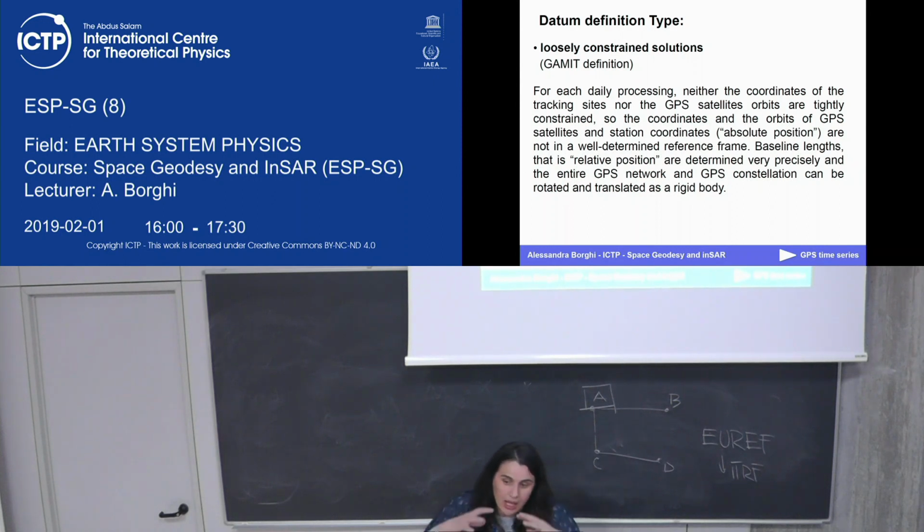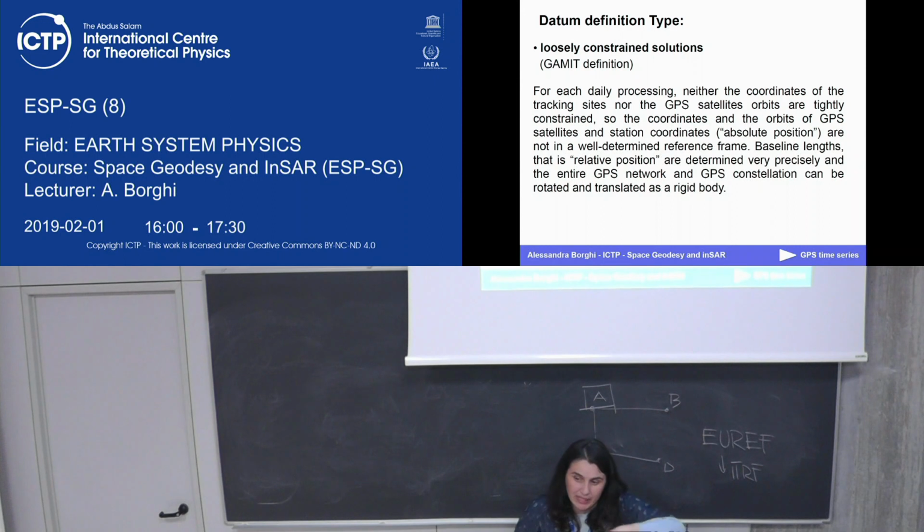They constrain the satellite and the coordinates of some reference points on the Earth of the ITRF network, and every time they find the best solution according to the observations and this constraint of the orbit and the coordinates.